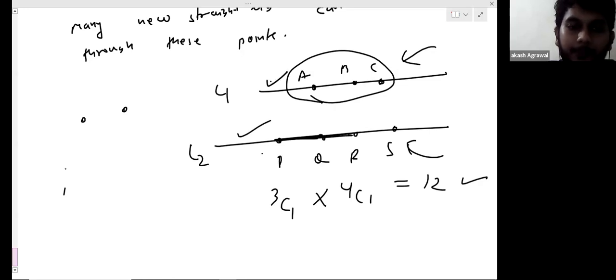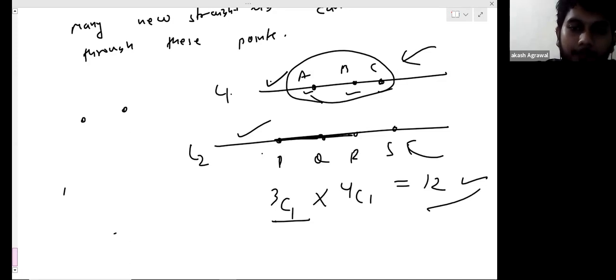Choosing 1 point from L1, how many points do we have? 3 points. 3C1. And if you have to choose 1 point from L2, 4C1. And you have to do this simultaneously. So 12.